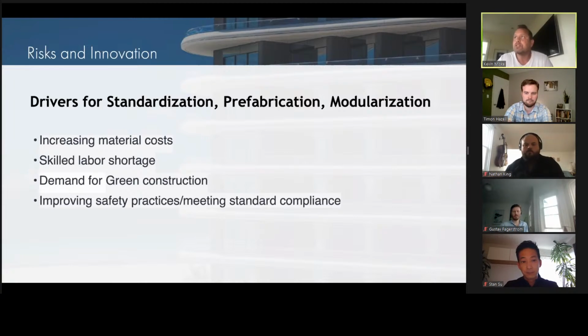The building enclosure is really an ideal system to look at as a manufacturing style building component, that we can take into a factory and prefabricate. That allows us to create efficiencies both in cost and in labor, and delivers a superior product to that project.